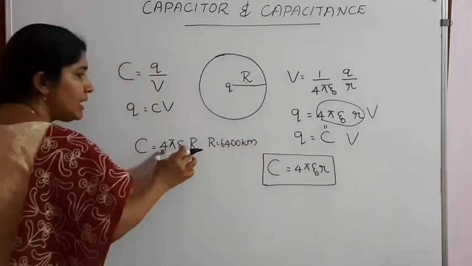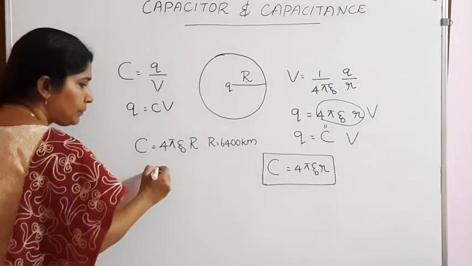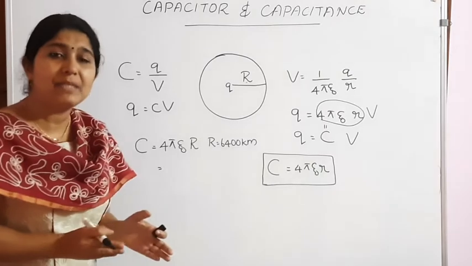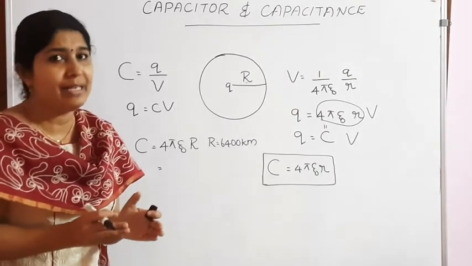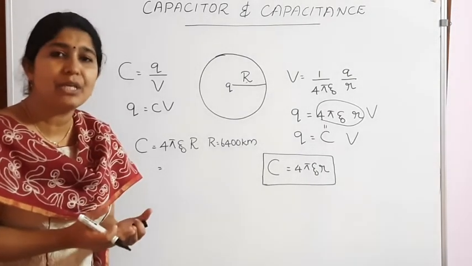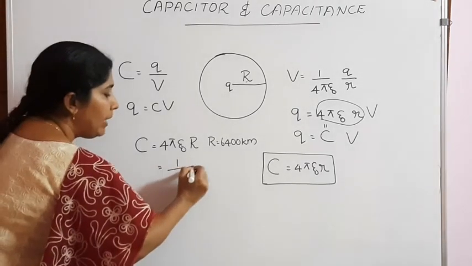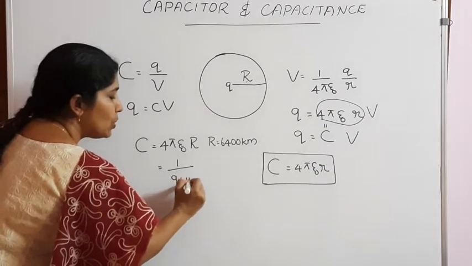We know that 1 by 4 pi epsilon 0 is equal to 9 into 10 raised to 9. Then 4 pi epsilon 0 is equal to 1 divided by 9 into 10 raised to 9.